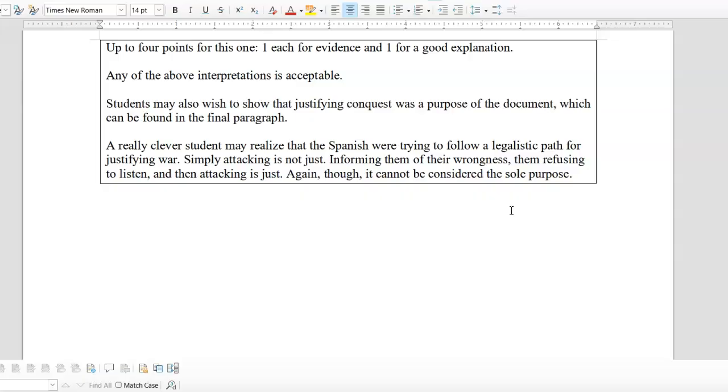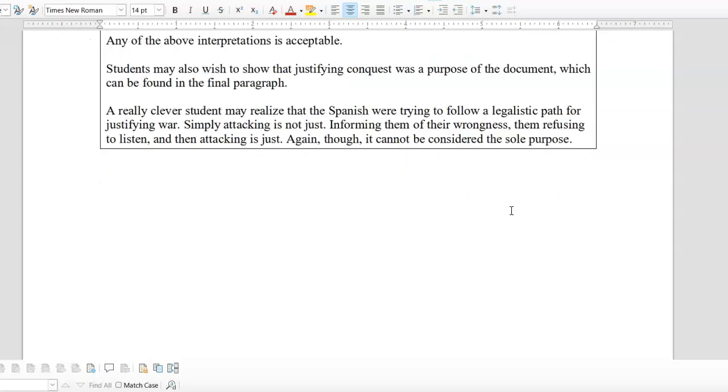Informing them of their wrongness, them refusing to listen, and then attacking was considered just. So by effectively informing them that they were wrong, not to conform to the Spanish ways, seeing them refuse to listen, at that point then the whole idea was that you're trying to salvage their souls, to keep them from going to hell by killing them before they do any more.